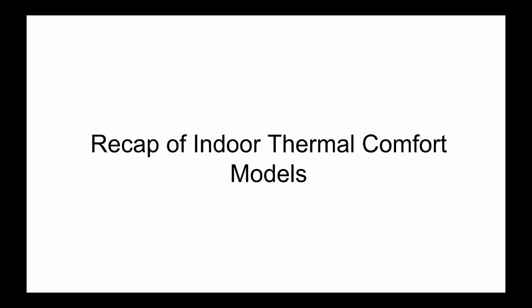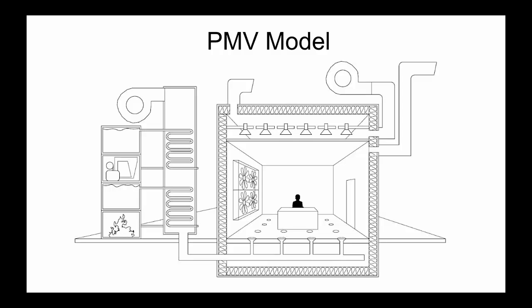So, just to give a recap of the indoor thermal comfort models that we already kind of know. As you might remember from the second session on Ladybug, there are two main comfort models in Ladybug and Honeybee. To give you a brief history, the first model that was ever officially published and endorsed as an international standard by ASHRAE and the ISO was the PMV model.